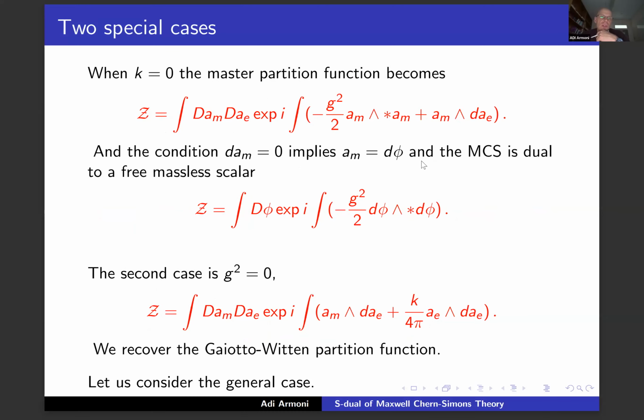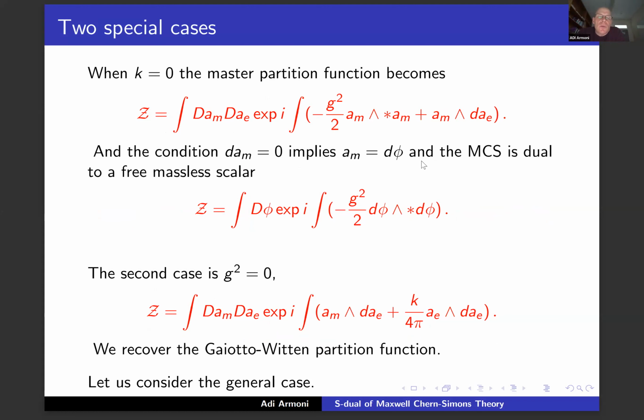First of all, let's consider k equals 0, namely, let's omit the Chern-Simons term. Then what is left is what's written at the top, this partition function. Simply, I omitted the Chern-Simons term. Then, if we integrate over AE, what we get is that dAM is 0, namely, AM can be written as d phi.